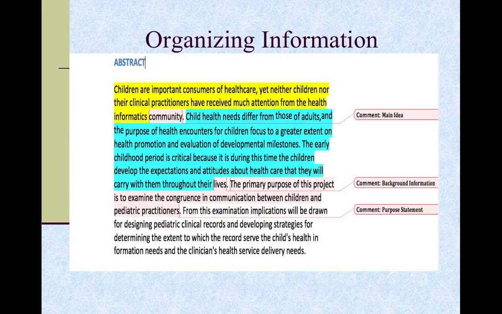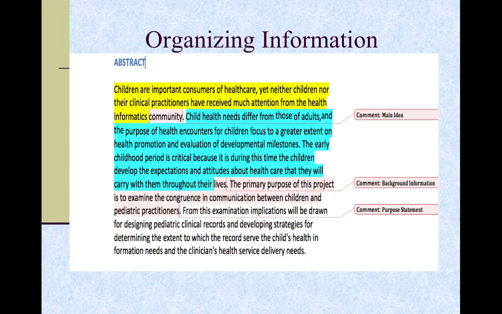Here is the abstract or the summary, sometimes called the abstract, the summary, the executive summary of the document. And I've highlighted the different parts of the abstract so you can see how the different sections or parts of this document follow the ABC format. The part in yellow here is the main idea.